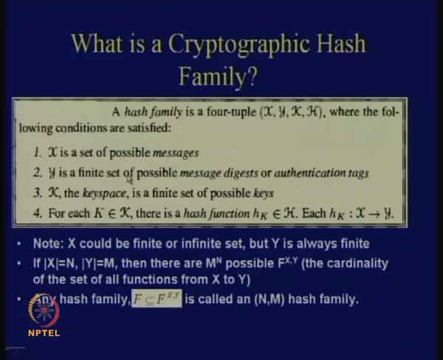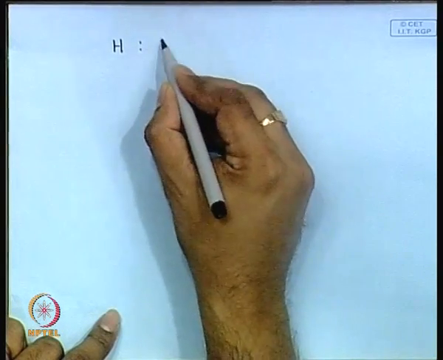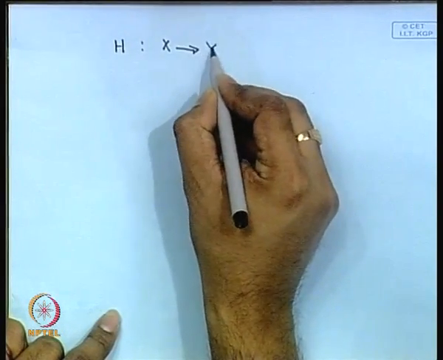So here x is a set of possible messages, y is a finite set of possible message digests or authentication tags, okay, and k is the key space, a finite set of possible keys. And what about the function h? h is all possible mappings from x to y, okay. So you can understand that h essentially is a function from x to y.